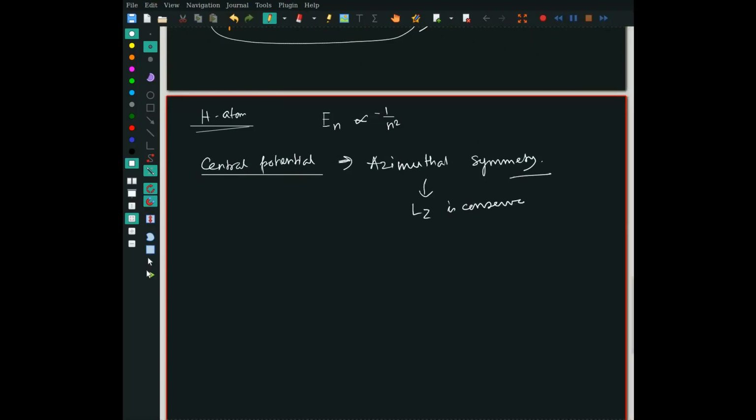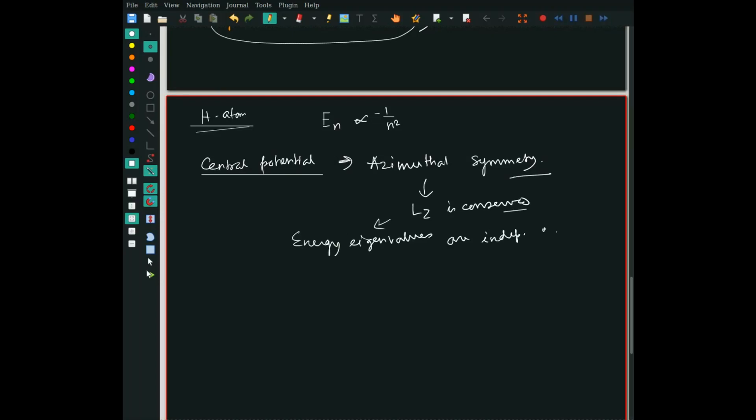You take the conserved direction along the z direction, and that's why the energy eigenvalues are independent of the quantum number m.